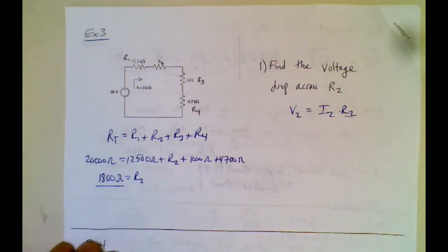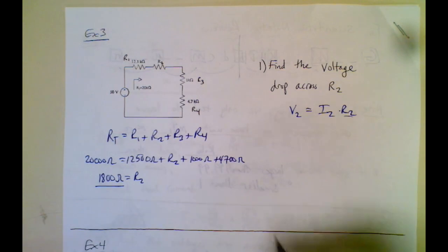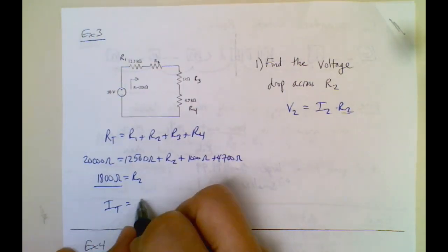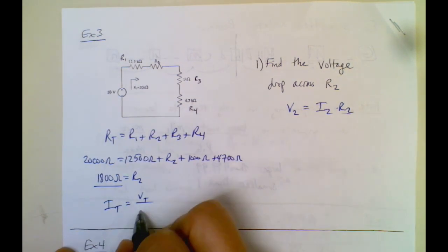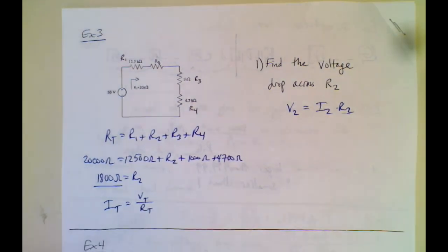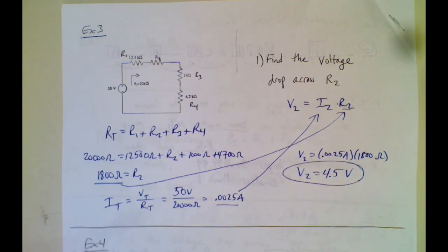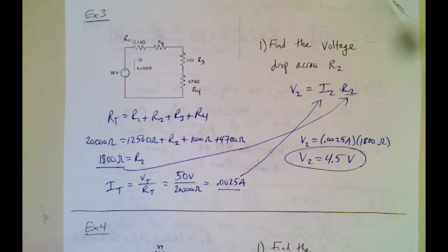And then I can find your current total equals your voltage total divided by your resistance total. Okay, and notice when I plug those in, I didn't turn either of those into our engineering notation because I only care about the end answer. All right, now I'm going to do the last one. You should pause it, see if you can do it on your own.